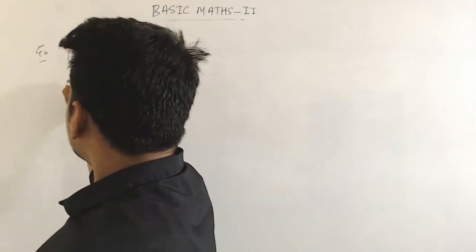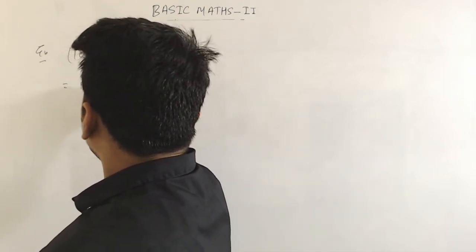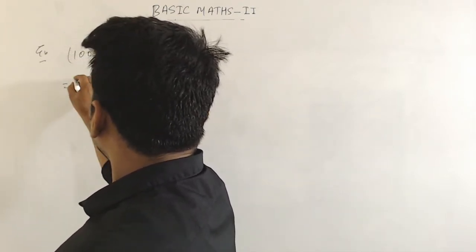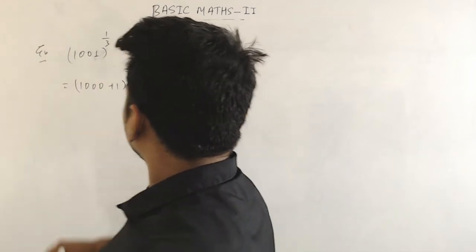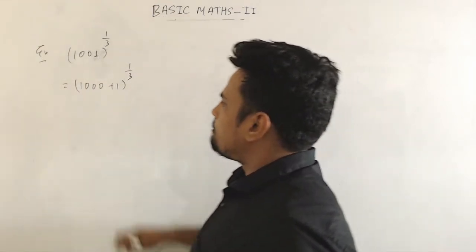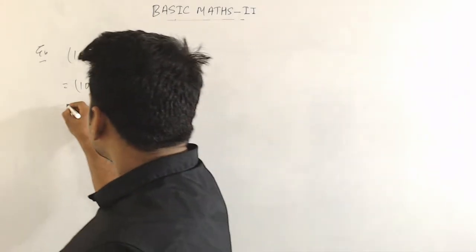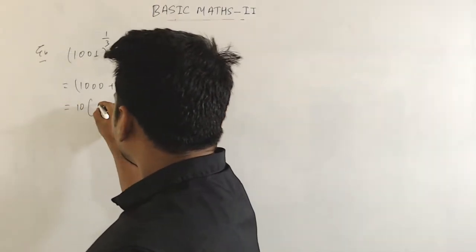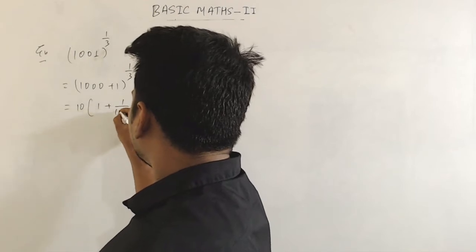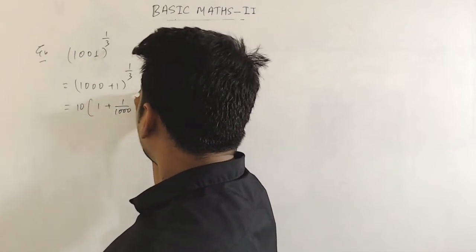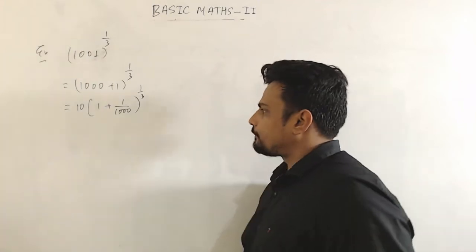I would write this as 1000 plus 1 raised to the power of 1 upon 3. The cube root of 1000 is 10, so easily I can take this 10 out. So I'm going to have 10, and inside I'm going to have 1 plus 1 upon 1000, to the power of 1 by 3.